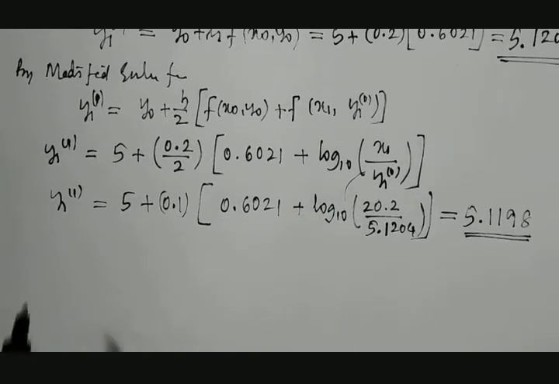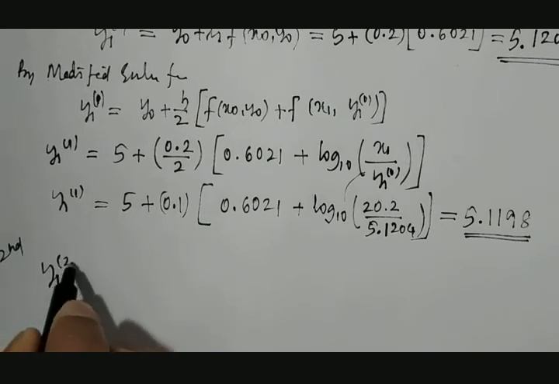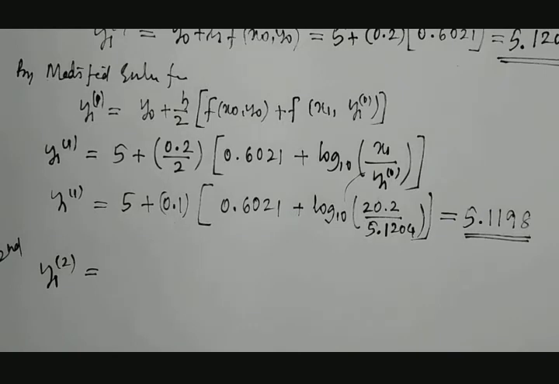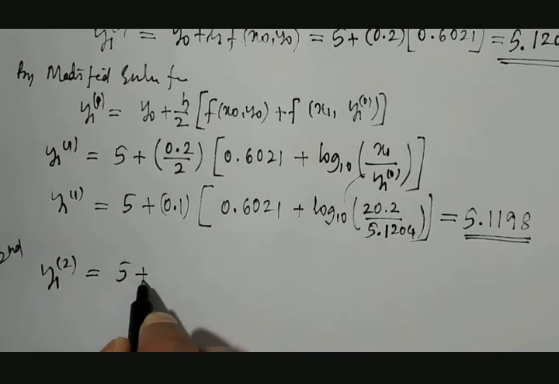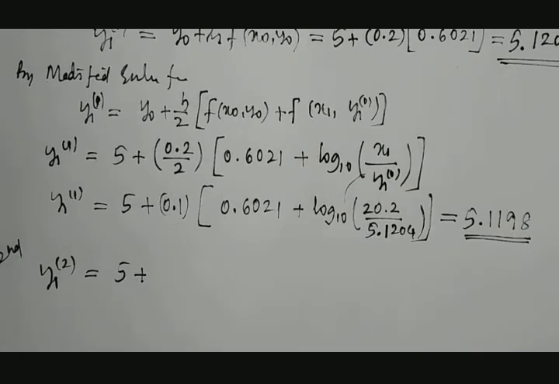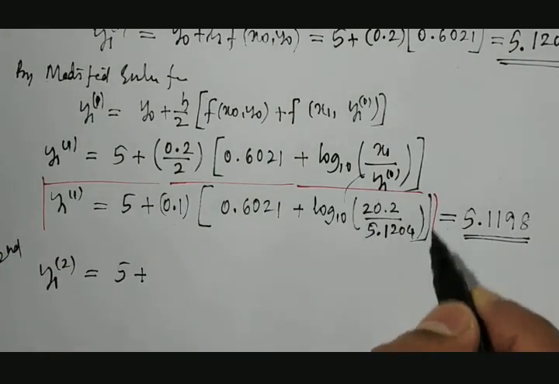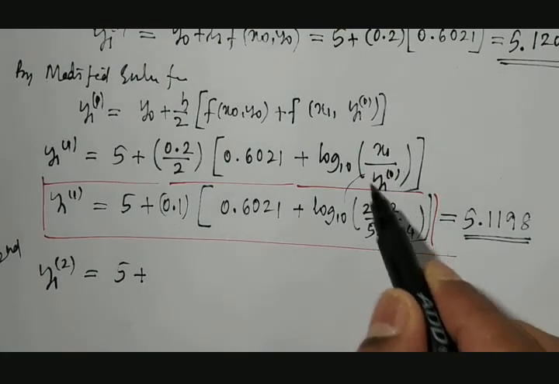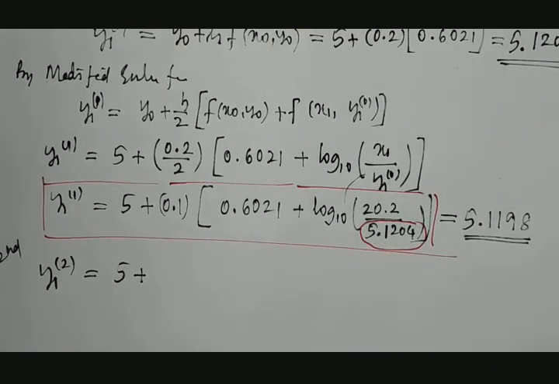5.1198. Then the second approximation. The second approximation of y1 is equal to 5 plus, I will be using this same result as a reference. Here, where the initial value of y1 is there, only this part will be replaced by the new value.